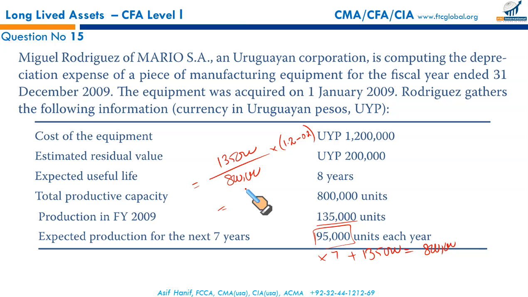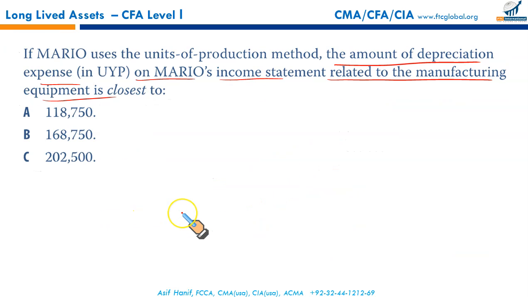So 1 million multiplied by 135,000 units upon 800,000 units, its simplification gives you 168,750. This would be the depreciation, whatever the currency is, for the first year, the year 2009. That makes B the correct option.